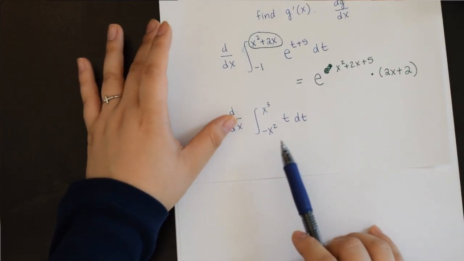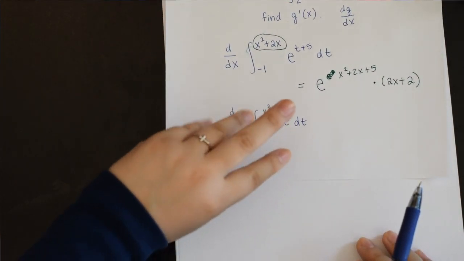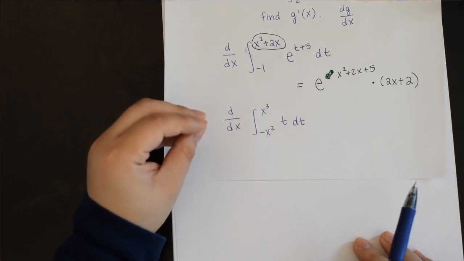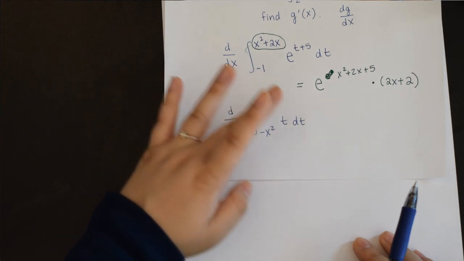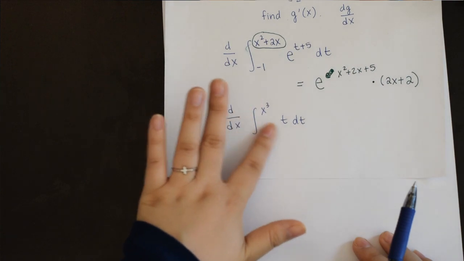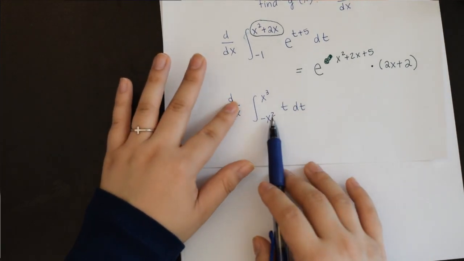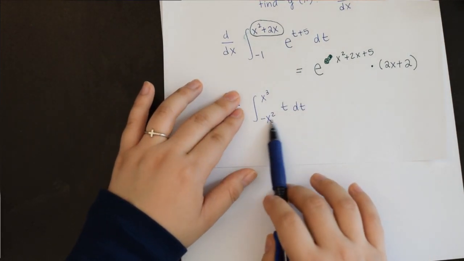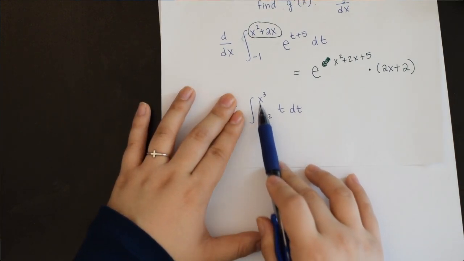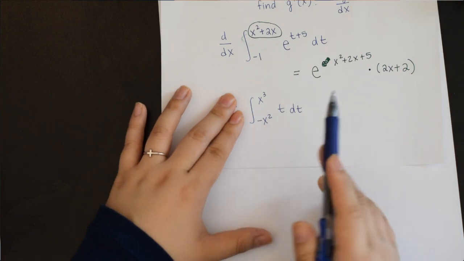But we can, because we have to mess around with it a little bit and remember some properties of integrals. So what I'm going to do is, since I still am taking the derivative of an integral, I'm going to break this thing up into two integrals, and I can do that by messing with the bounds a little bit.